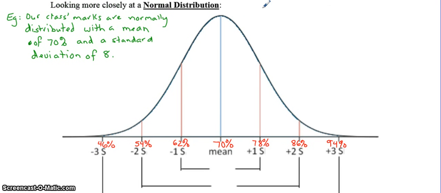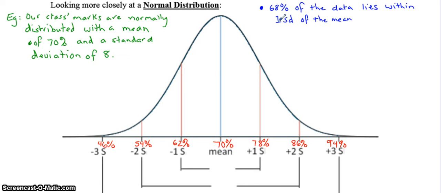Now, in a normal distribution, this would always be true. About 68% of the data lies within one standard deviation of the mean.